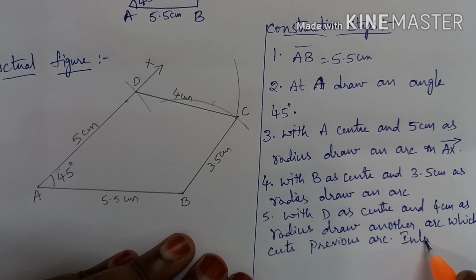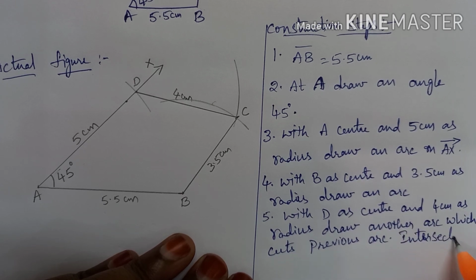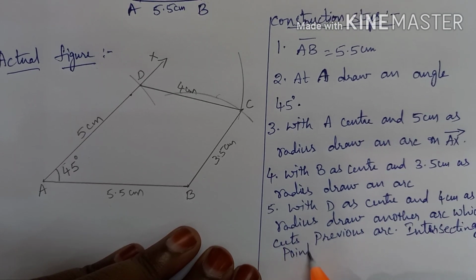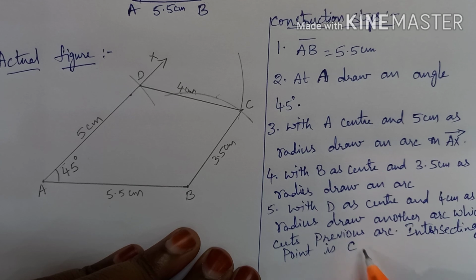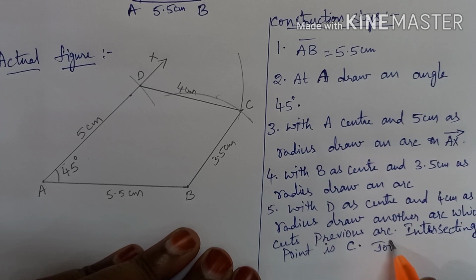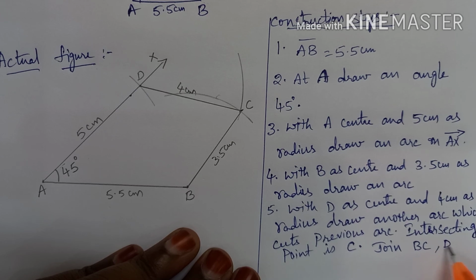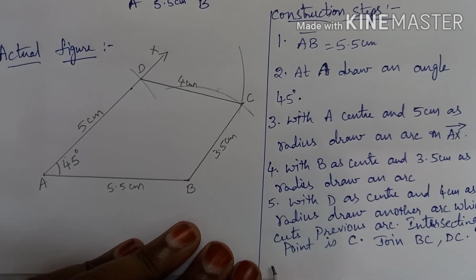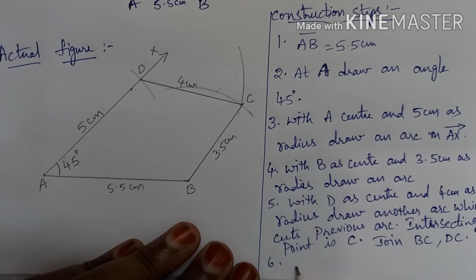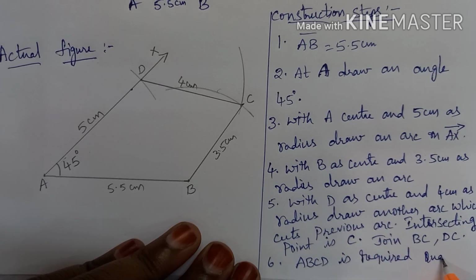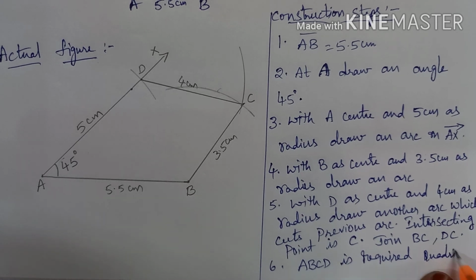Intersecting point is C. Join BC and DC. So ABCD is the required quadrilateral.